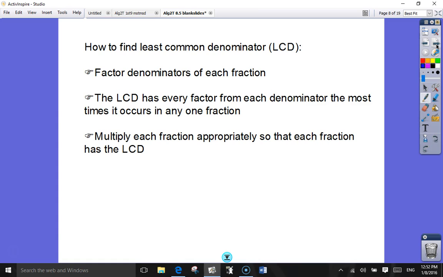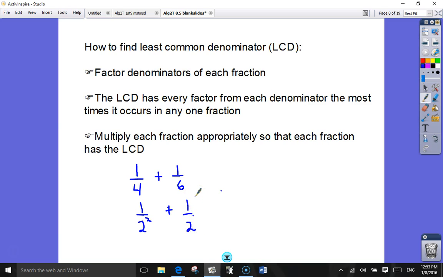Once you've figured out the least common denominator, then you're going to have to multiply so that each fraction has that denominator. It's kind of like if I said, what if I said 1/4 plus 1/6? This is 1 over 2 squared. This is 1 over 2 times 3.